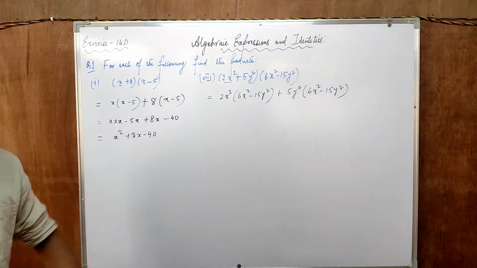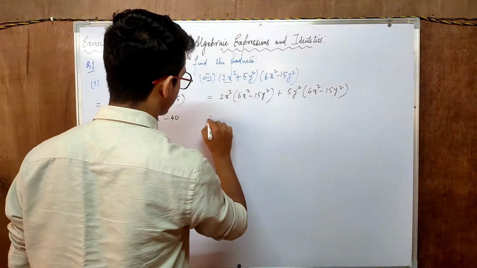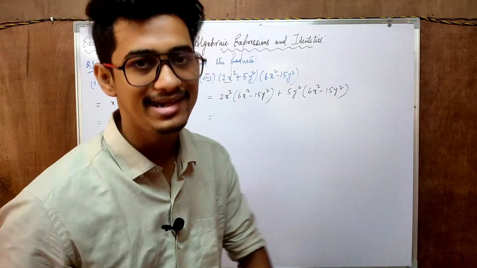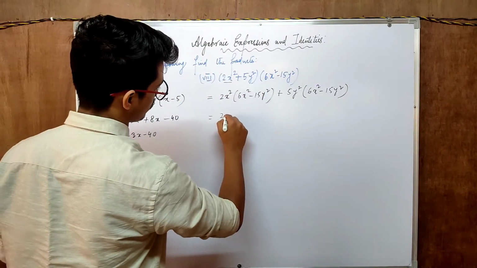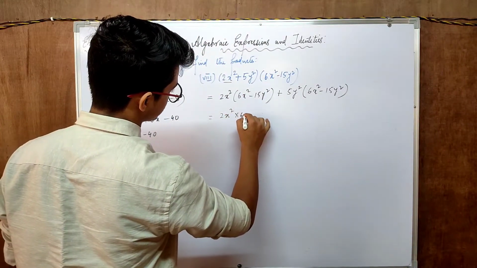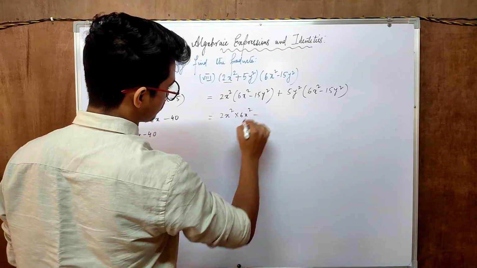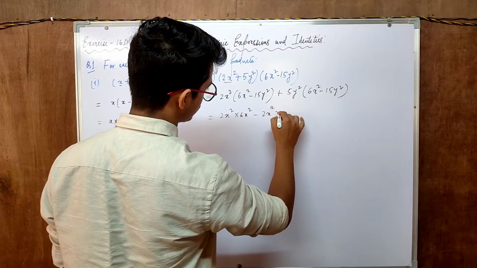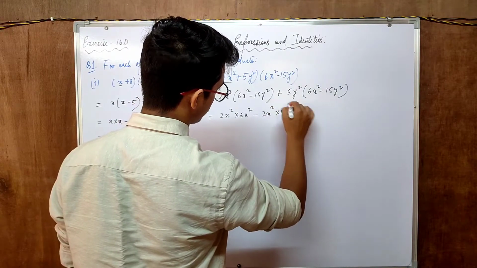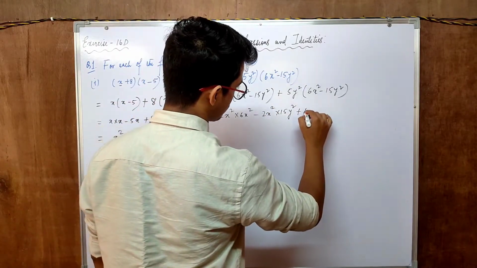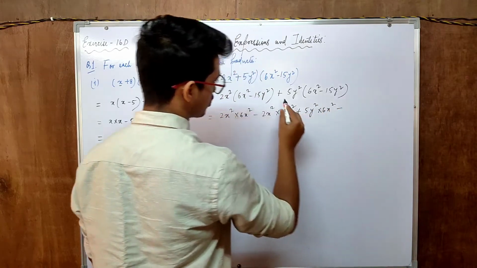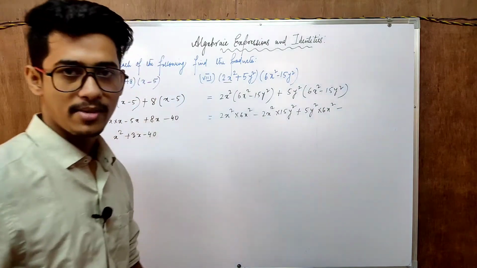Then we do the multiplication part and open the bracket. The exterior element will be multiplied with the interior element. So 2x square will be multiplied with 6x square, following the sign, which is minus, 2x square into 15y square. Again plus 5y square into 6x square, minus, because plus into minus gives minus.